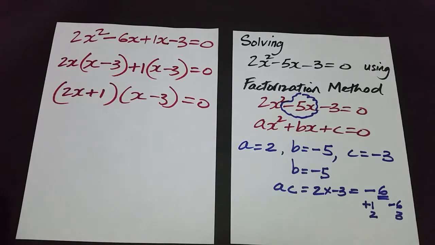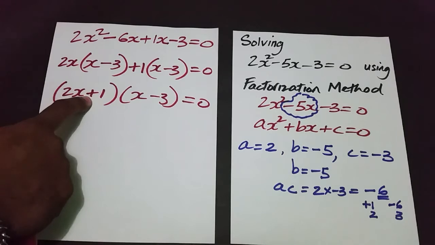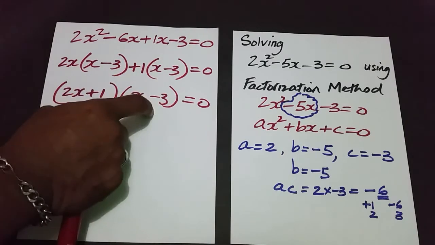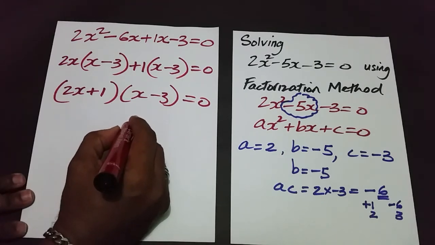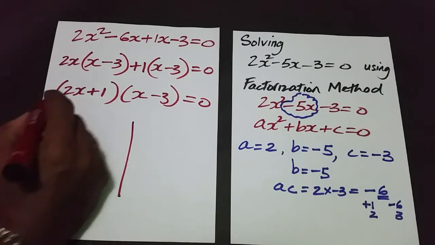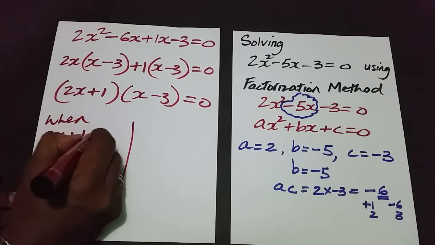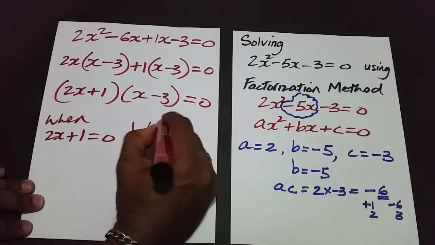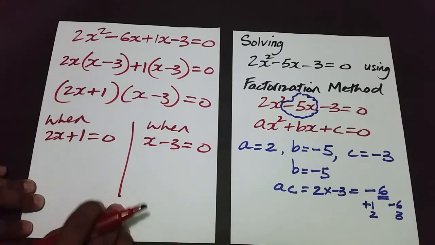So it means either one of the numbers is 0 or both numbers are 0, because when you multiply them, you get 0 as the answer. So either this is 0 or this is 0 or both are 0. And since we're not so sure, we're going to equate both of them to 0 and then solve for each. So when 2x plus 1 equals 0 and when x minus 3 equals 0.